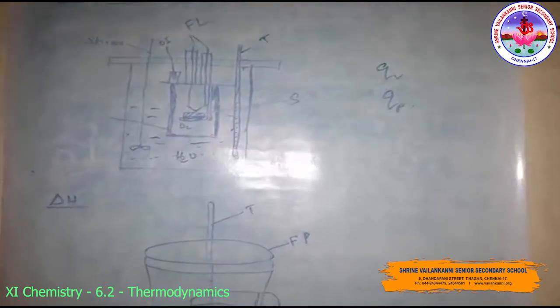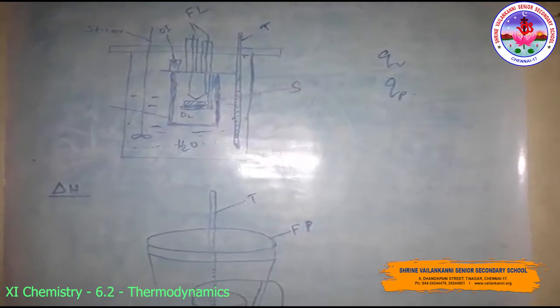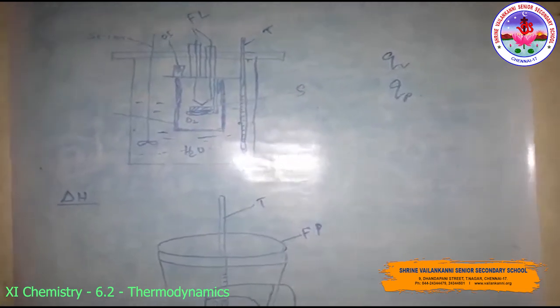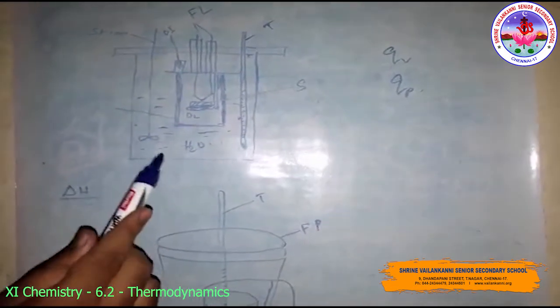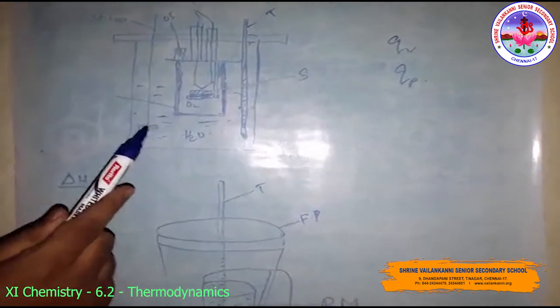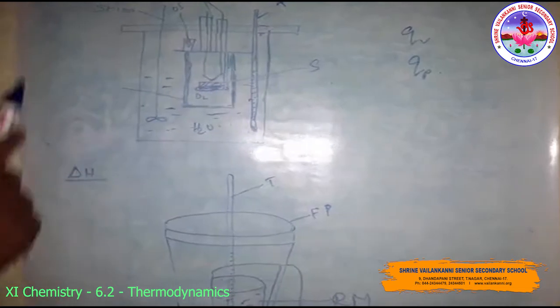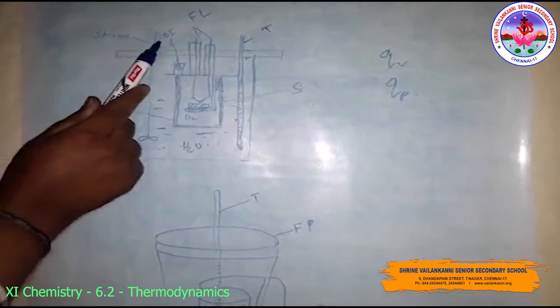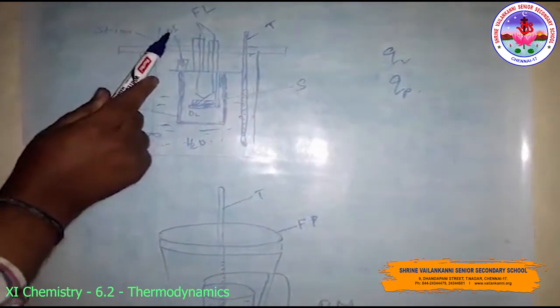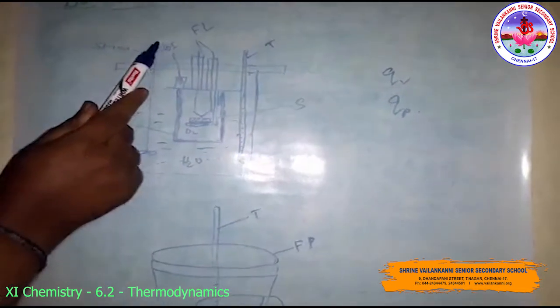First, delta U measurement. For a chemical reaction, heat absorbed at constant volume is measured in the bomb calorimeter. This is the bomb calorimeter, a steel vessel. First, I will tell you what these are. These are stirrers. OI indicates the oxygen inlet.